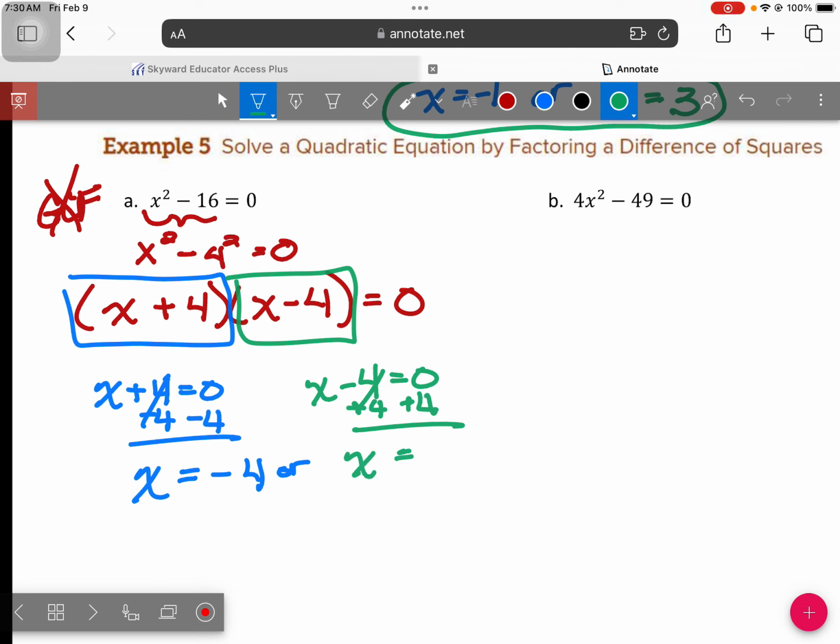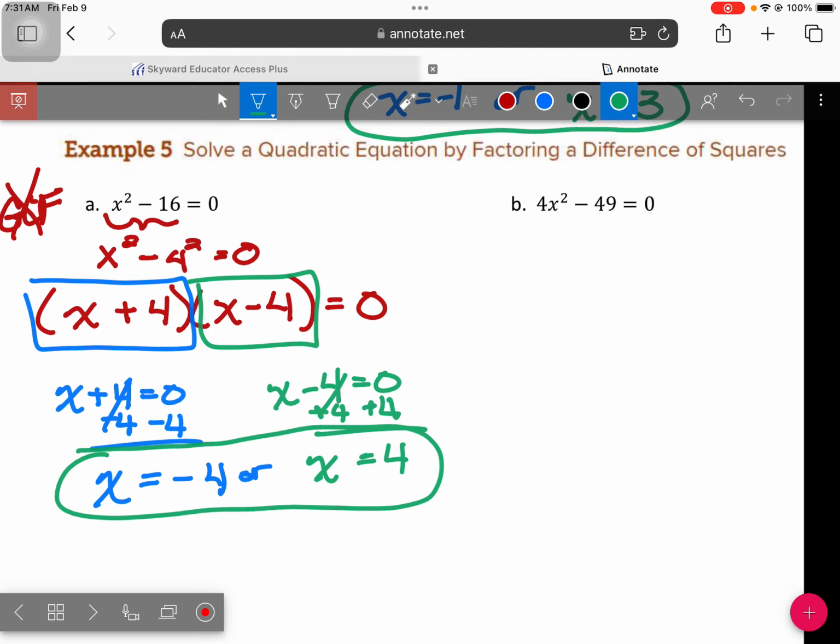X is equal to 4. That is your solution. Those are your roots, your x-intercepts, your solutions, and your zeros. Any question about that? See, I told you this wasn't that bad.